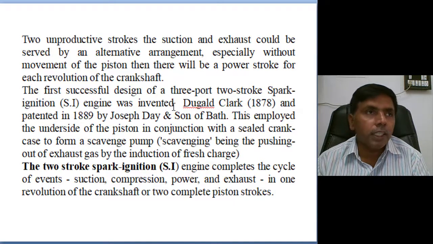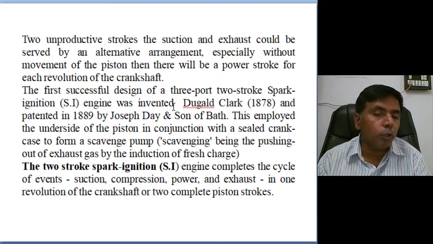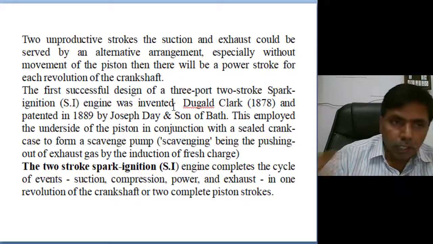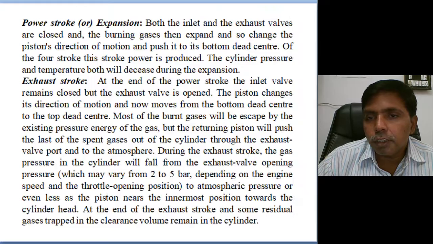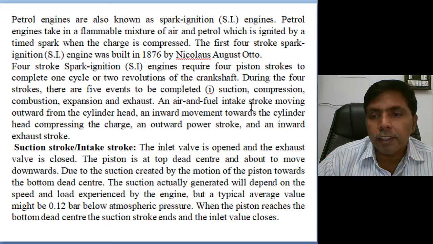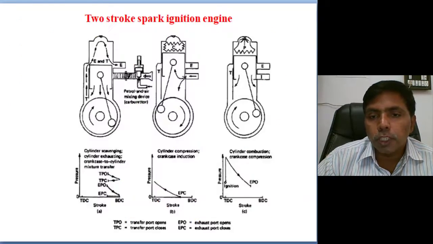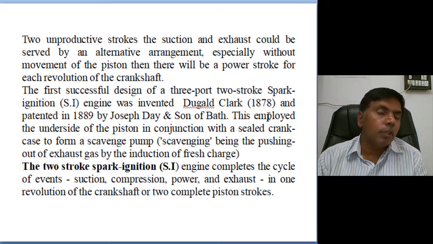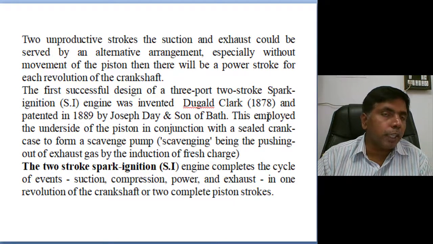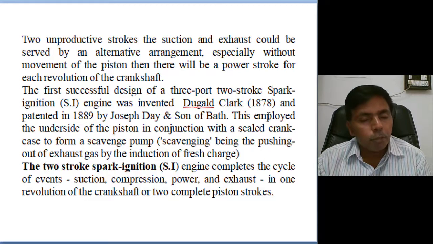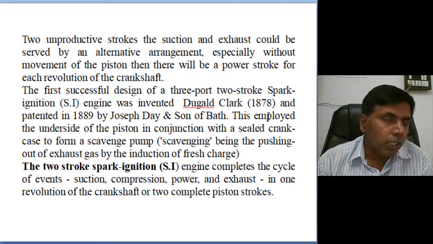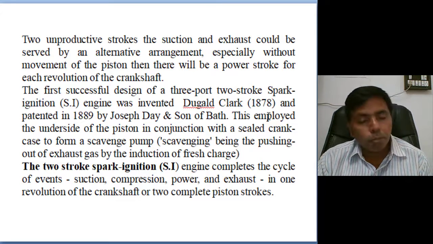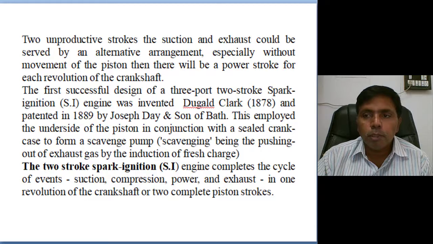The Otto cycle and four-stroke engine were proposed by Nicolaus Otto, but the two-stroke engine was proposed by Clerk. In 1876 the four-stroke Otto cycle came, and in 1878 the two-stroke Otto cycle came. The cycle is the same, the five operations are different, with the same constant volume heat addition and constant volume heat rejection. Suction, intake, compression, combustion, exhaust are also the same.